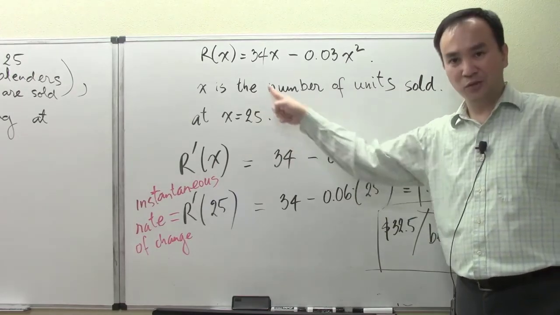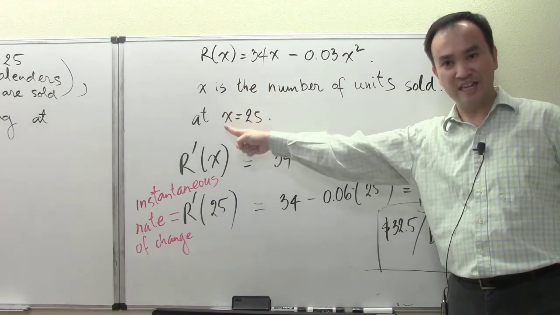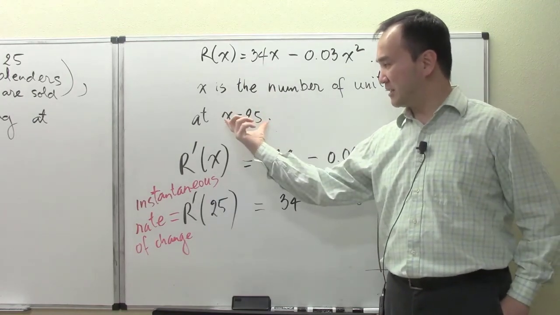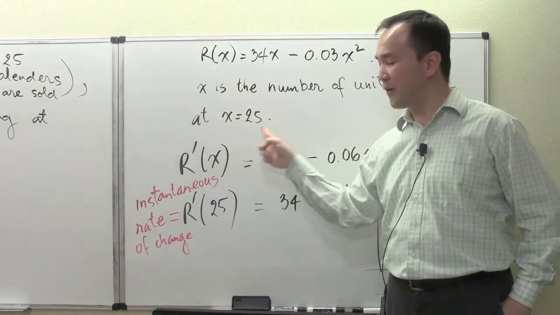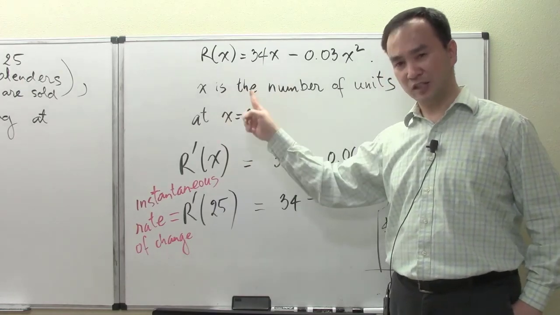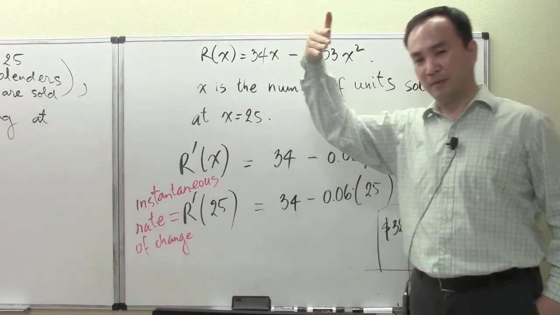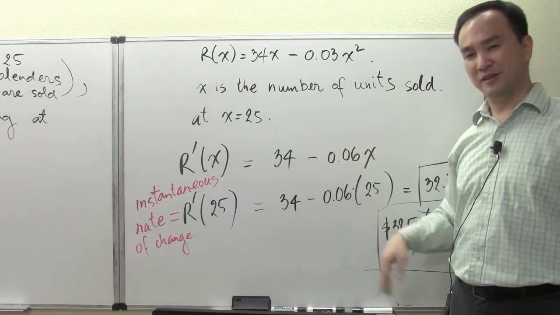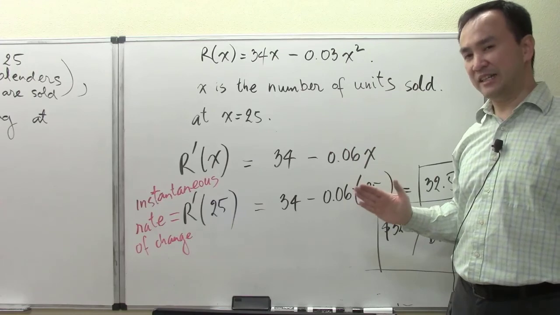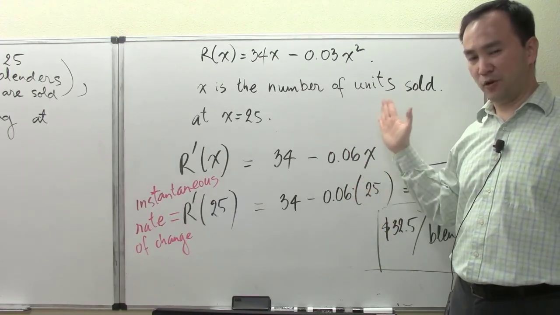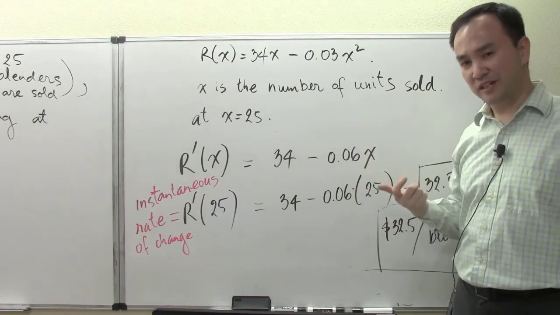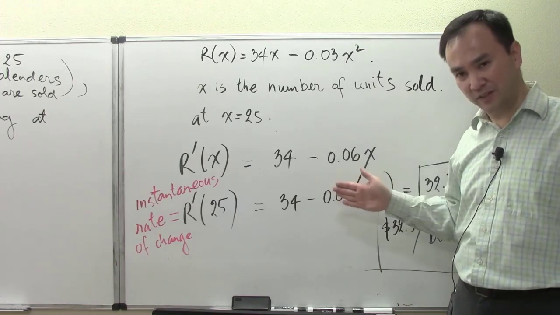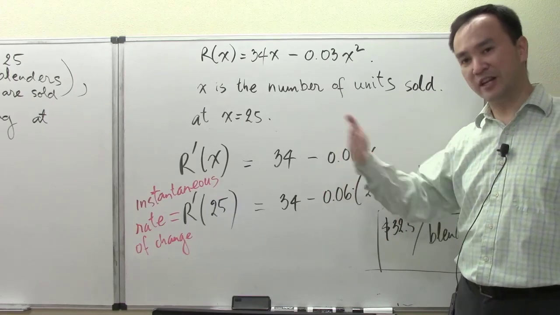There are strategies and techniques, and the calculus you're learning will be able to help you with those. What value of x, what number of units sold, can give you the best instantaneous rate of change in your revenue? That's how an example of a problem like this can help you in planning for your actual business, for any of you viewing this video who is running your own business.